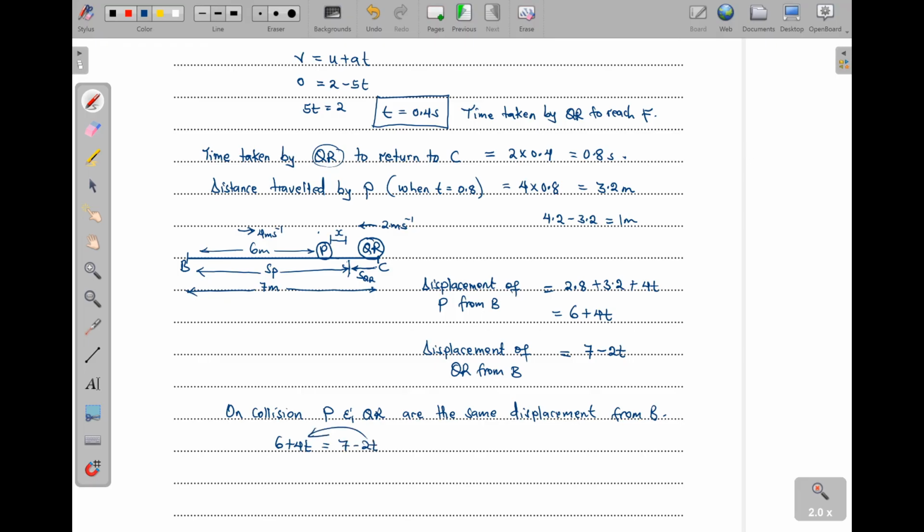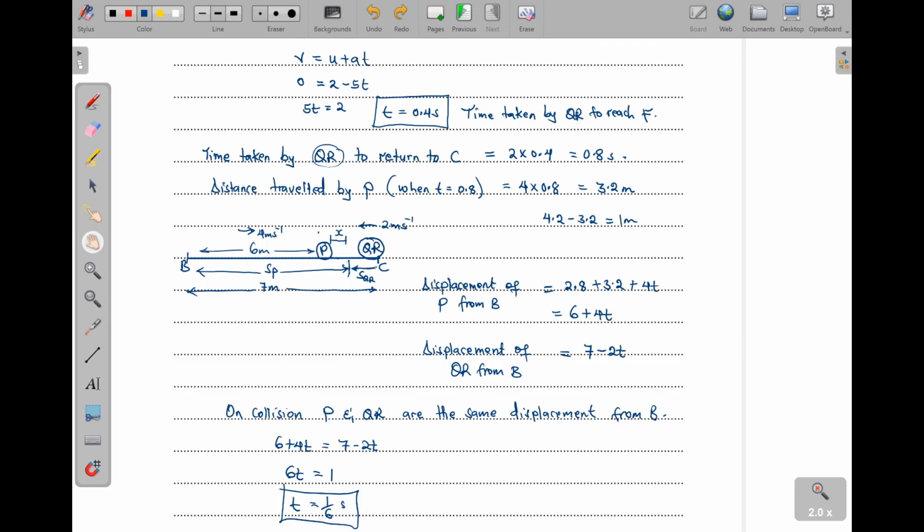Bring this one this side, that one will add up, so we shall get 6t. Then take 6 this side, 7 minus 6 is 1. So t is going to be 1 over 6 seconds. That means these ones are going to take 1 over 6 to collide again here, when this particle QR has returned to C and it is coming back.